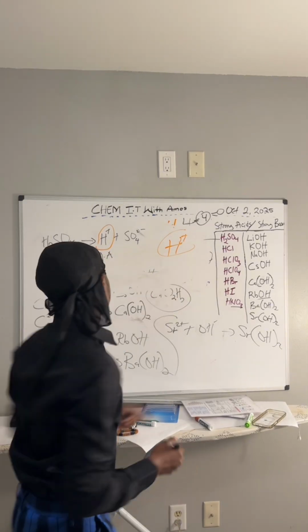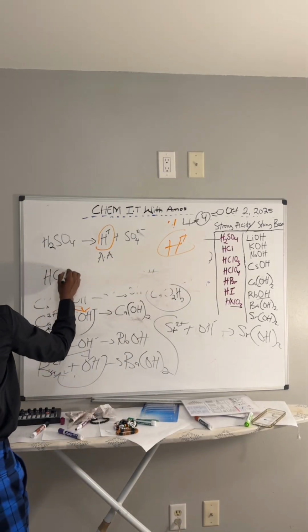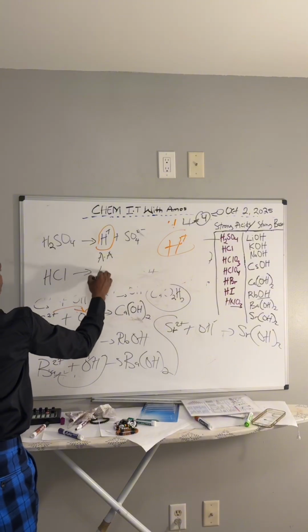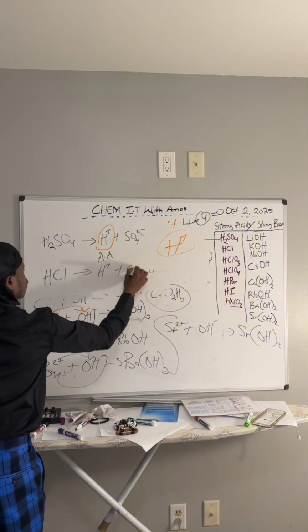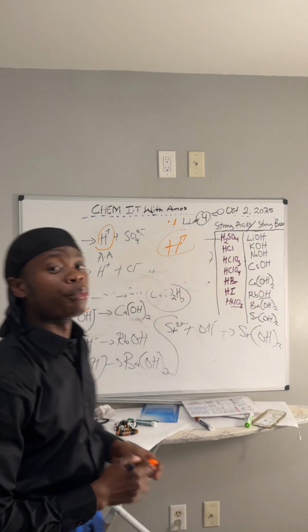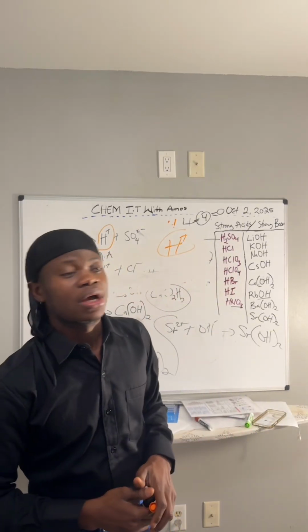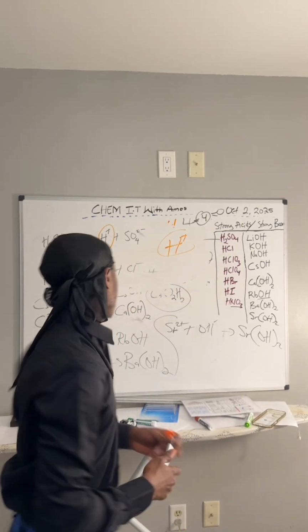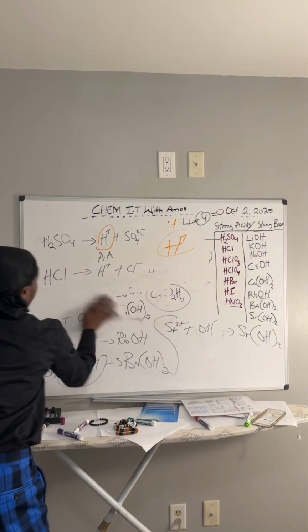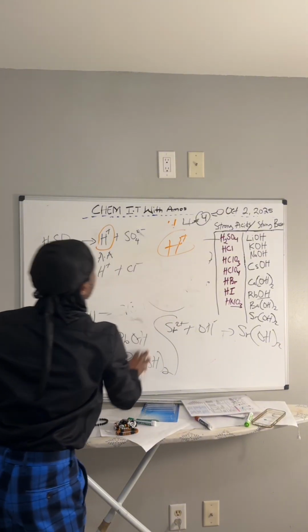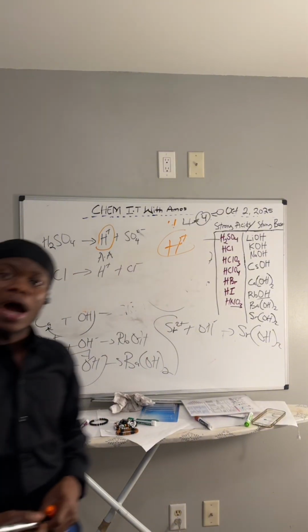So if you have HCl, you decompose it, you have H plus and Cl minus. So in short, whenever you break down a compound and you form H plus, that H plus becomes a hydrous acid. What about hydrous base? When you break down a compound and you form OH minus separately, that becomes a hydrous base.